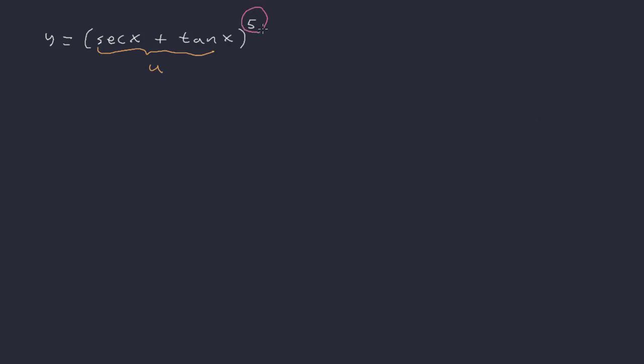So what we're going to do is bring the 5 down to get y prime is 5 times the stuff left alone, all raised to the 5 minus 1, which is 4, and then we will multiply by the derivative of the inside.